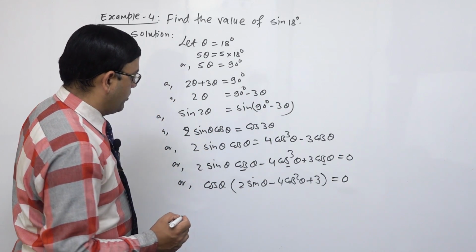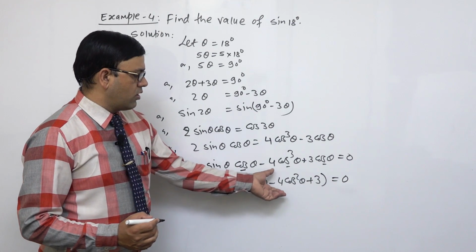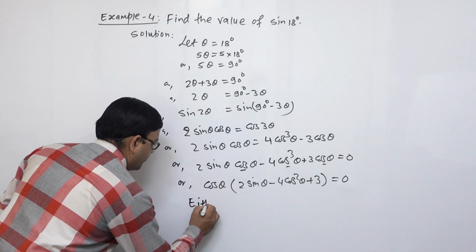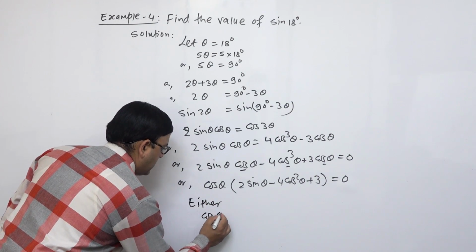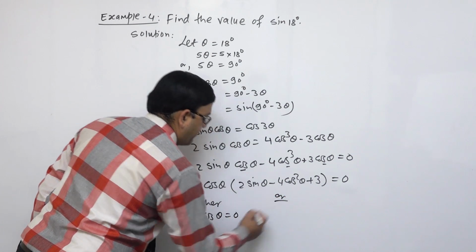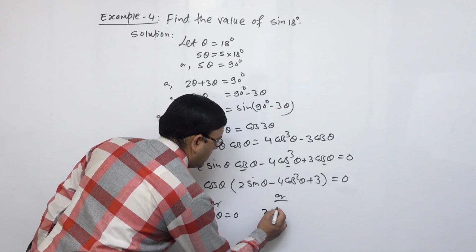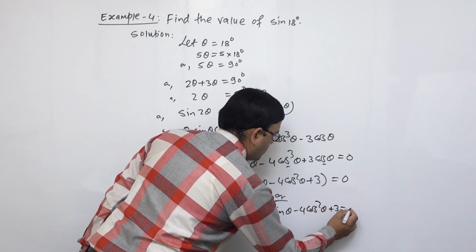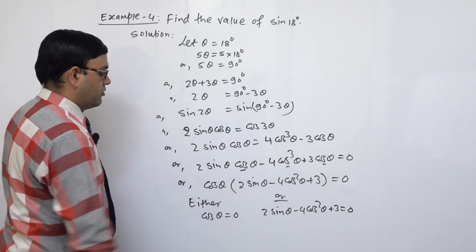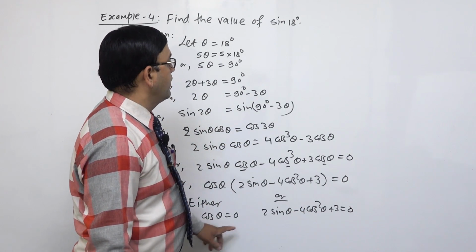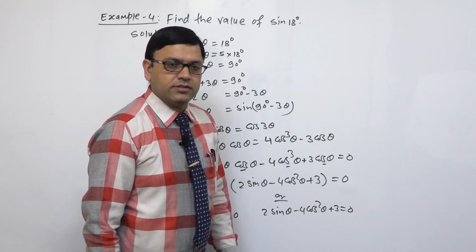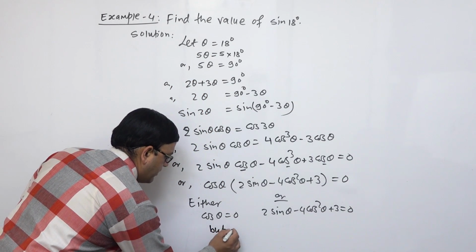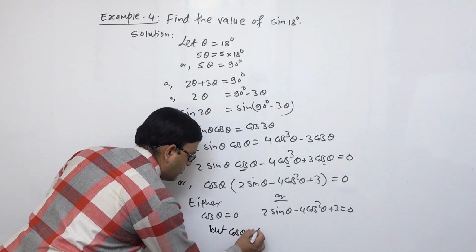Now either this is equal to 0 or this is equal to 0. So either cos theta is equal to 0 or 2 sine theta minus 4 cos square theta plus 3 is equal to 0. If cos theta is equal to 0, then the value of sine 18 degree doesn't come, so cos theta is not equal to 0.